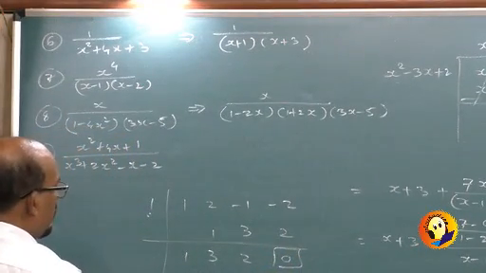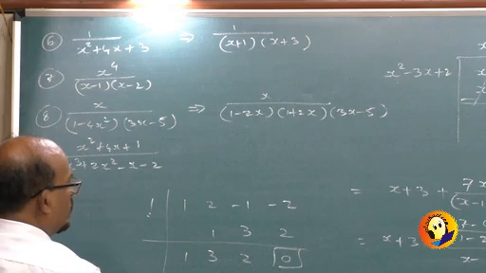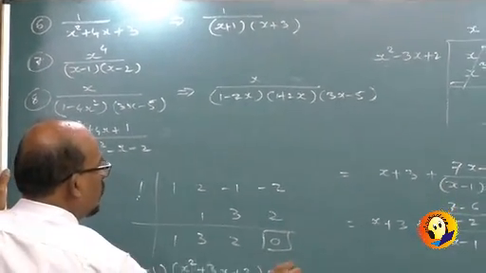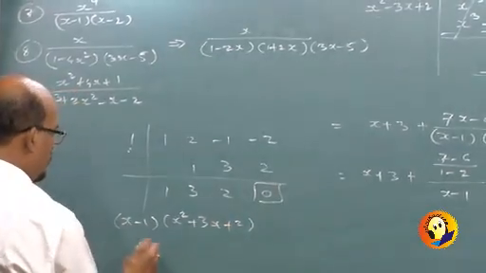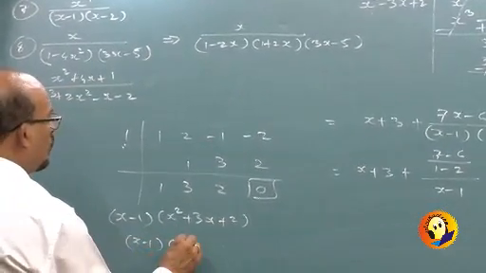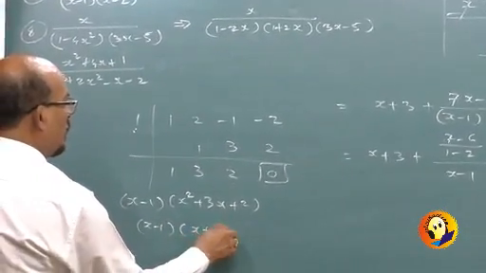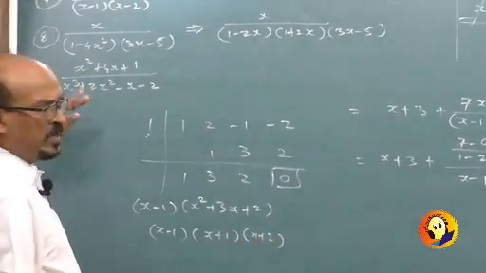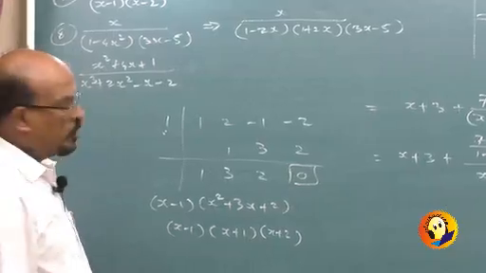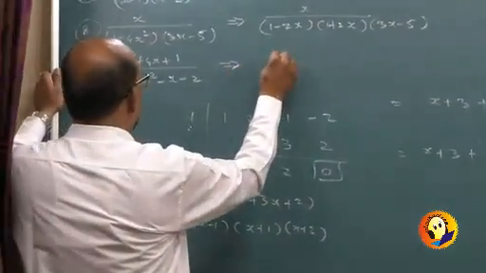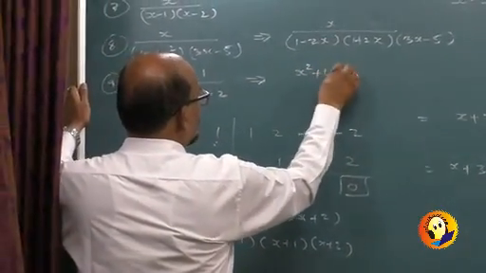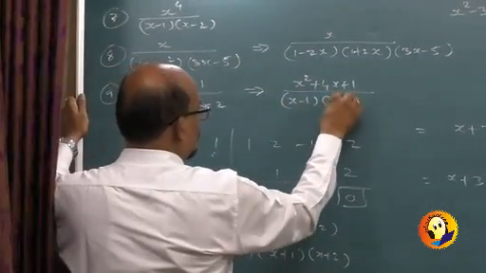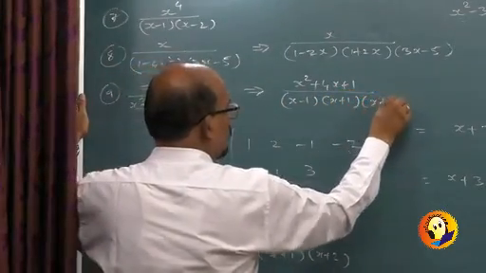So it becomes x minus 1 into x square plus 3x plus 2 equal to 0. So it is x minus 1 into x plus 1 into x plus 2. You don't have to do anything for the numerator. This will be simply x square plus 4x plus 1 upon x minus 1 into x plus 1 into x plus 2.